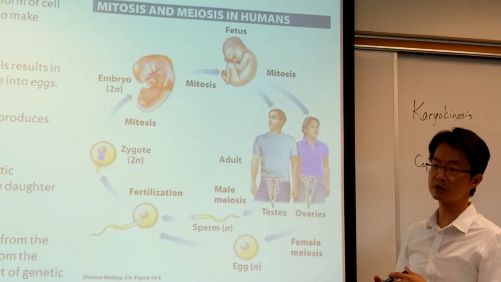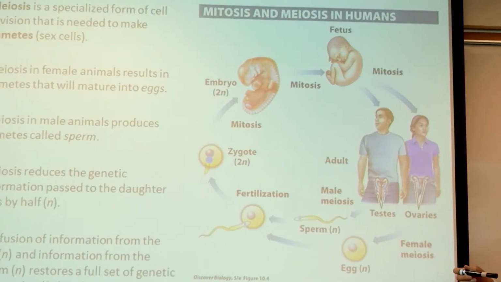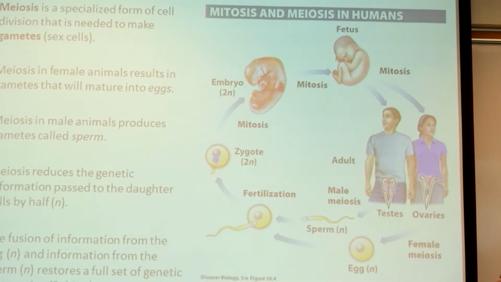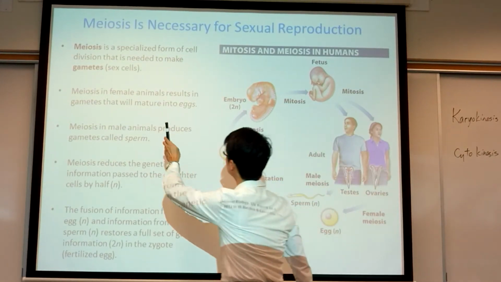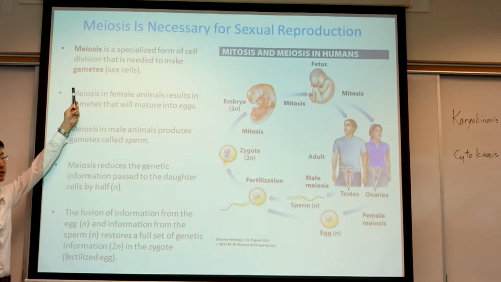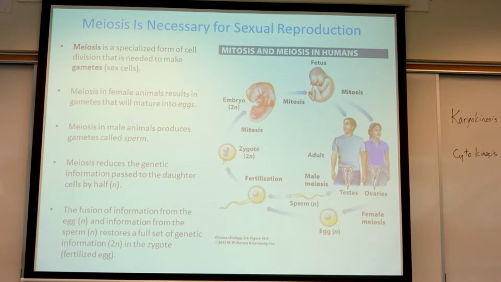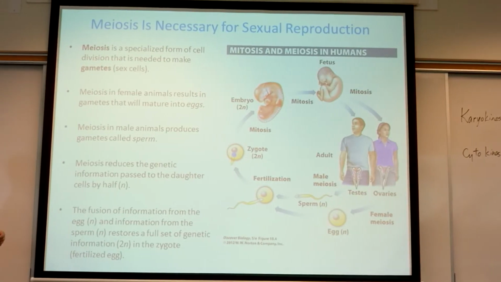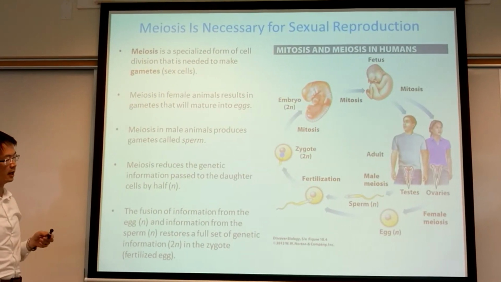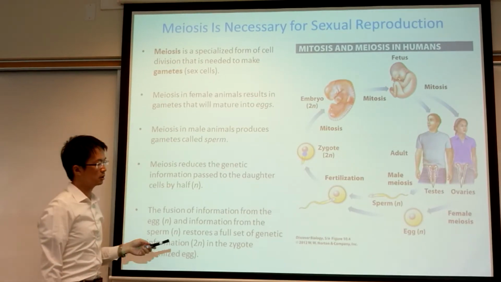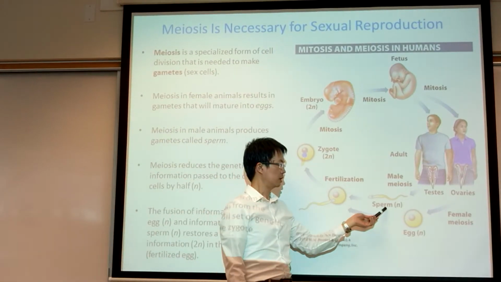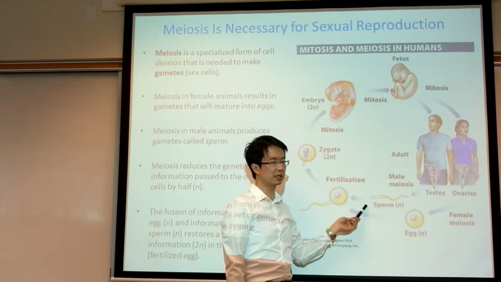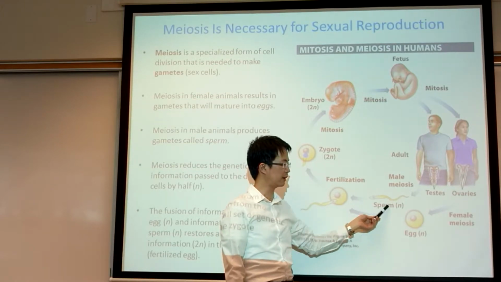For meiosis, the general overall view is that meiosis is for making gametes. Gametes are basically sex cells. For male, it is sperm. For female, it is eggs. Remember, the word sperm, for singular and plural, does not have an s.